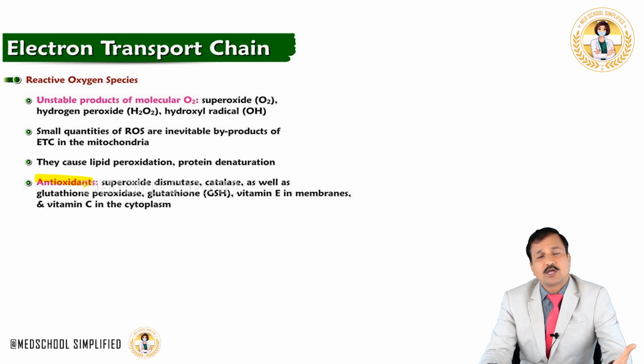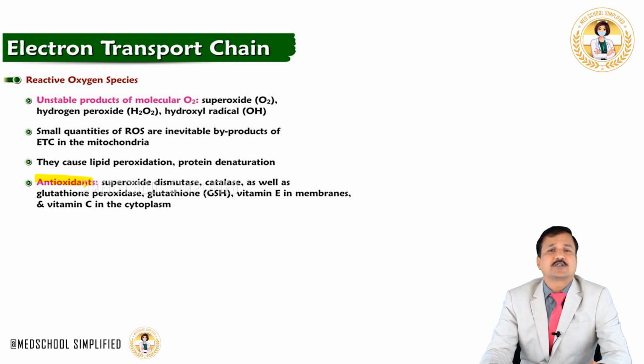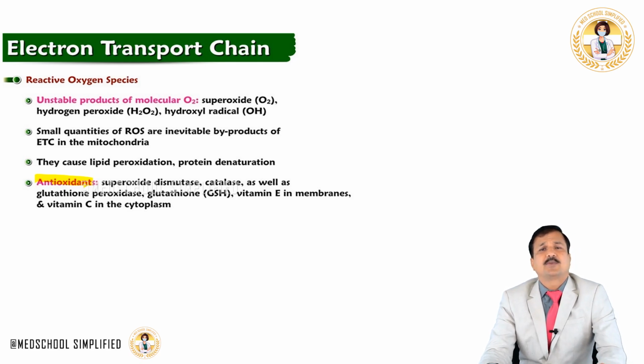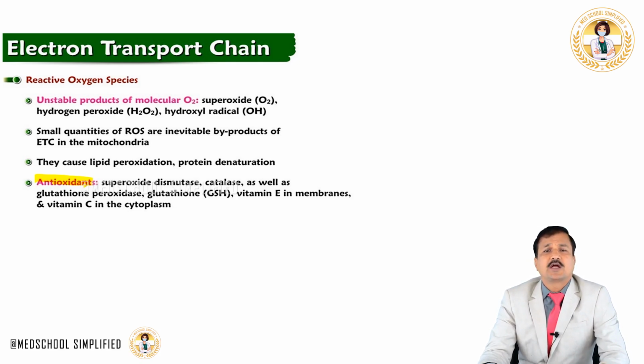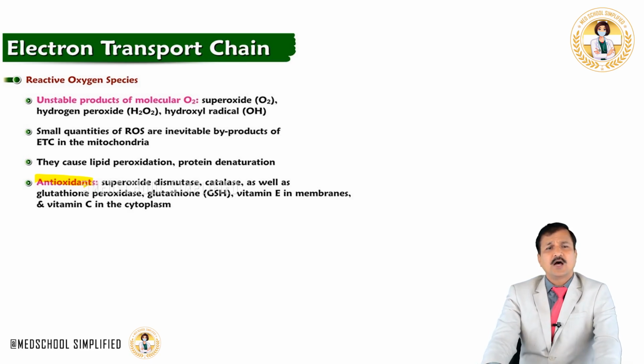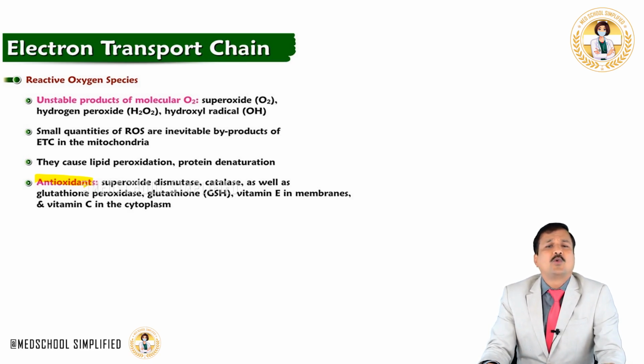It can be glutathione, which is used in the neutralization of hydrogen peroxide by glutathione peroxidase. It can be vitamin E, which is present over the cell membrane, or vitamin C, which is present in the cytoplasm. All these molecules have the ability to donate the extra electron needed by reactive oxygen species and neutralize the molecules.